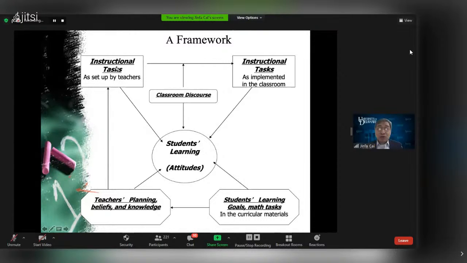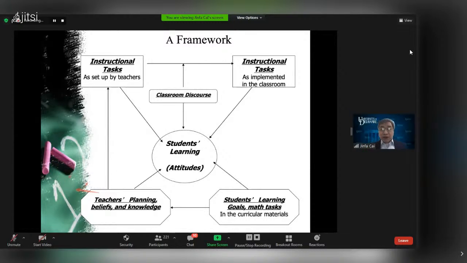In this framework, I view the classroom instruction as teachers setting up the instructional tasks for students, who then solve those problems through discourse.